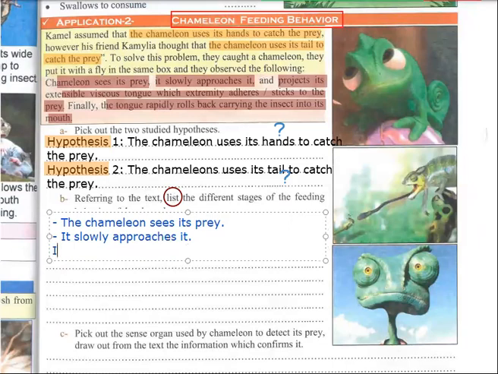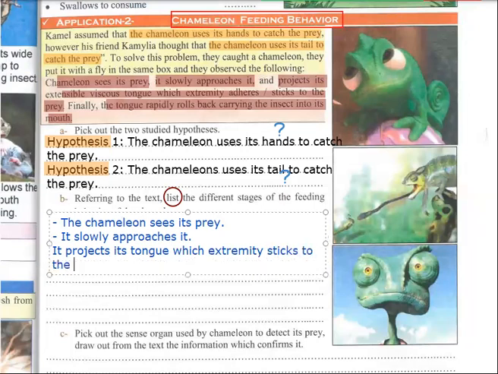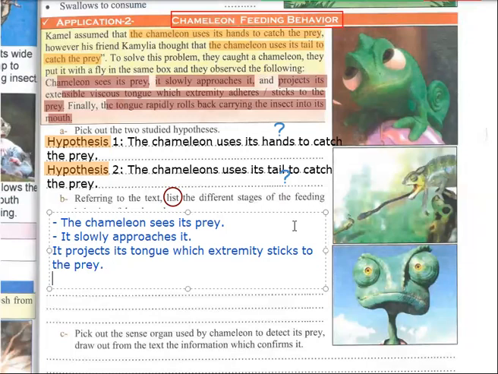Then it projects its tongue, the extremity of which sticks to the fly or the prey.